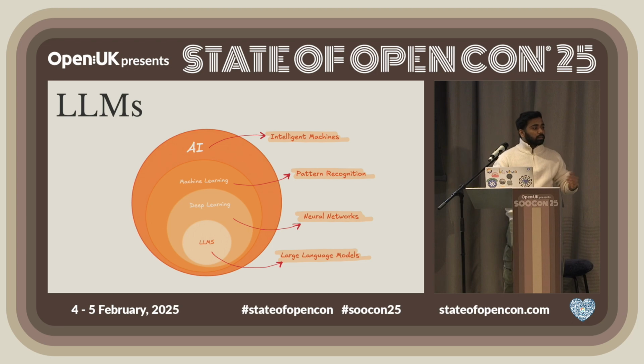Then deep learning is a specialized subset, where you use neural networks to perform a lot of activities. And LLMs are another subset of deep learning, though not completely, because they make models understand human language.